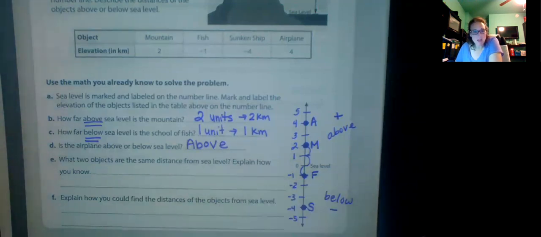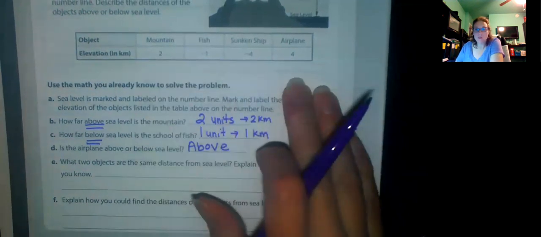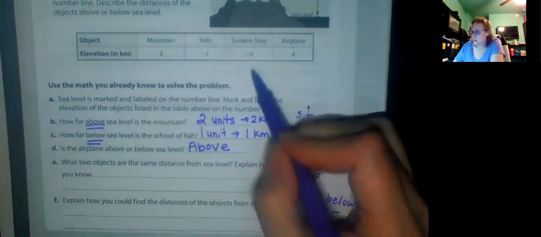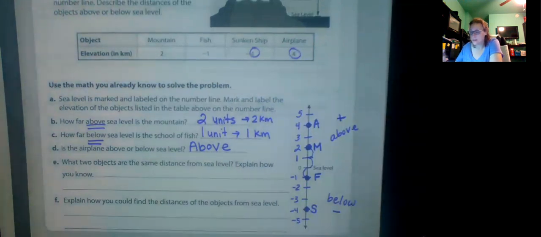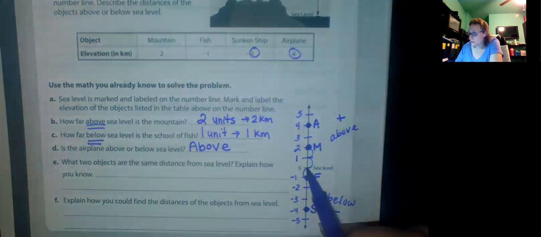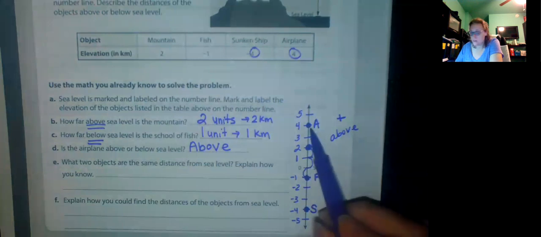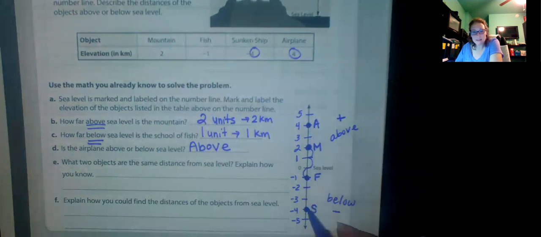What 2 objects are the same distance from sea level? Explain how you know. We look at our 4 numbers. The only 2 numbers that are the same is our 4s. One's positive, one's negative. So it's going 4 units up and 4 units down.